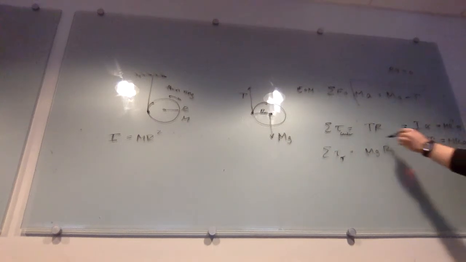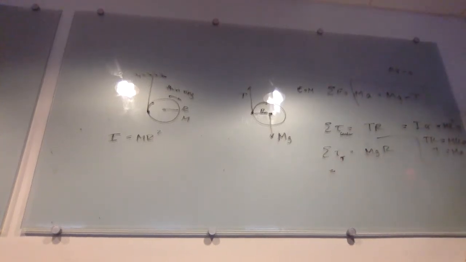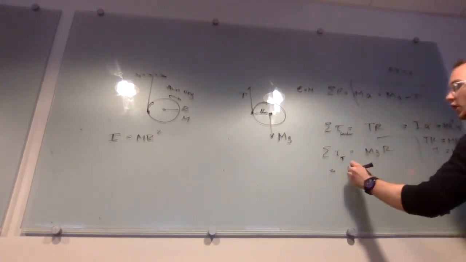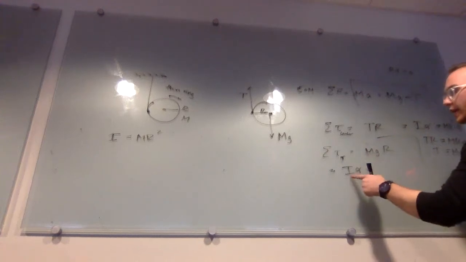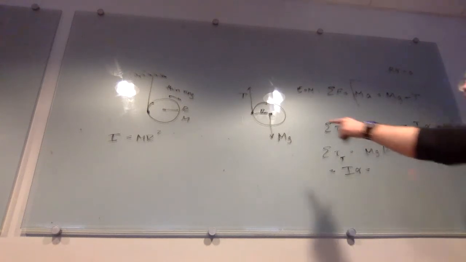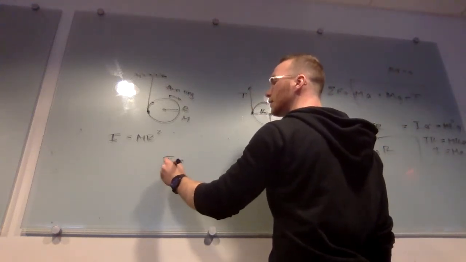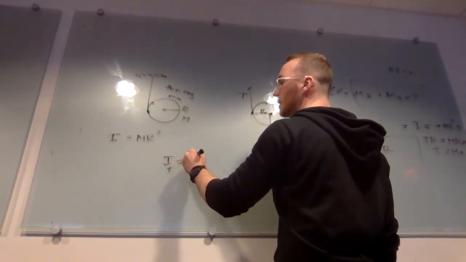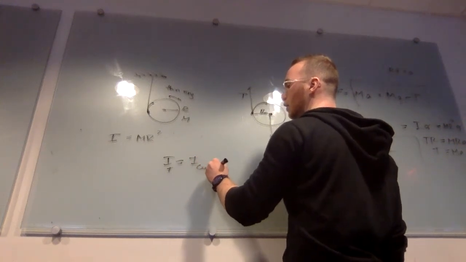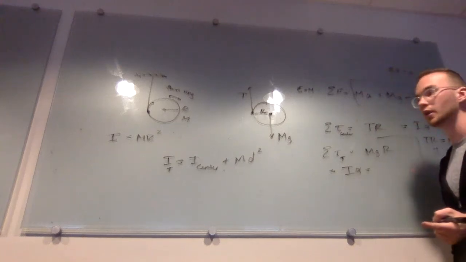I guess we could also do it, now hopefully let's actually check that because it should be the same thing. The torque here is going to be equal to I alpha again, but it's not going to be mr squared, it's going to be the rotation around here. So we can use the parallel axis theorem by saying I around T is going to be I around the center plus md squared, where d is the distance we moved the axis.